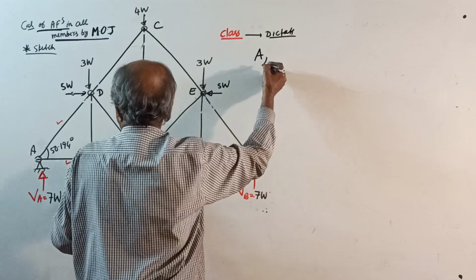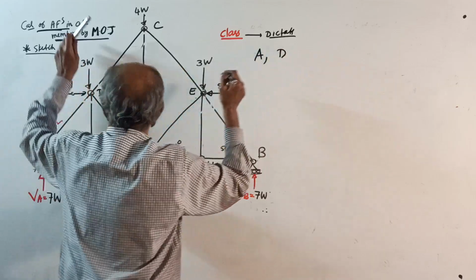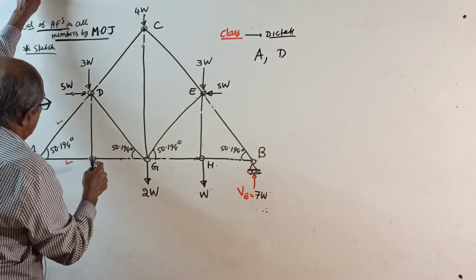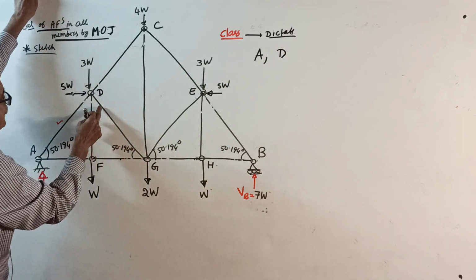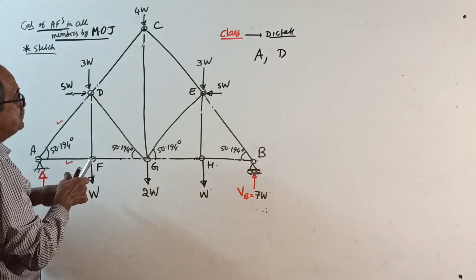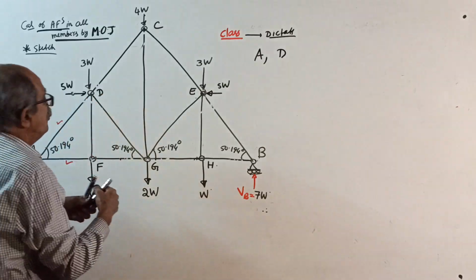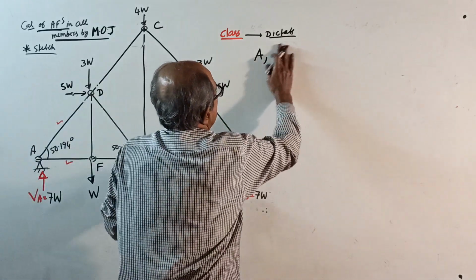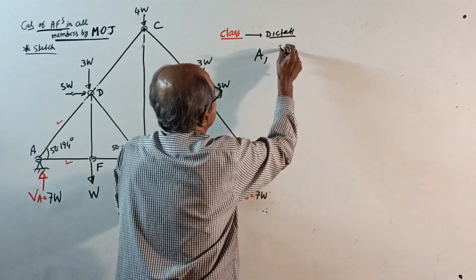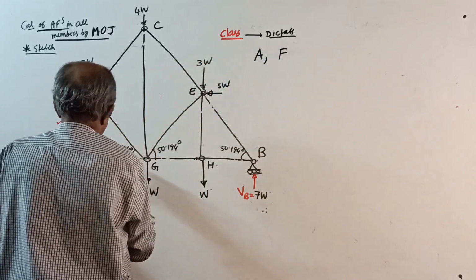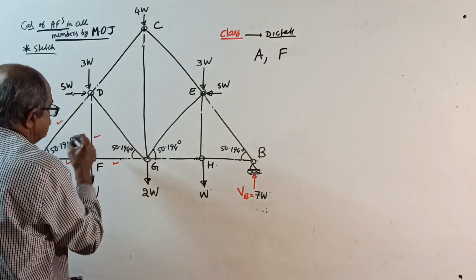After A, I will go to D. When you go to D, no, I can't go to D because still 3 unknowns are there. In the last question you could go to D, but now you can't. You have to go to F. When you go to F, you get these two members.